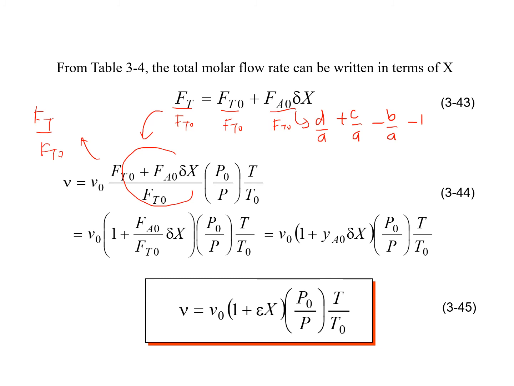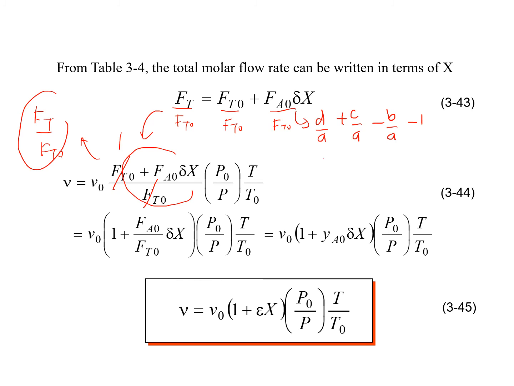So from here you can simplify, and it becomes this, because this one becomes 1. So 1 plus F_A0 delta X, and then you can replace F_A0 over F_T0 in terms of fraction.